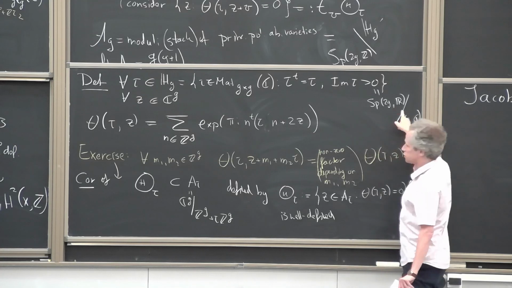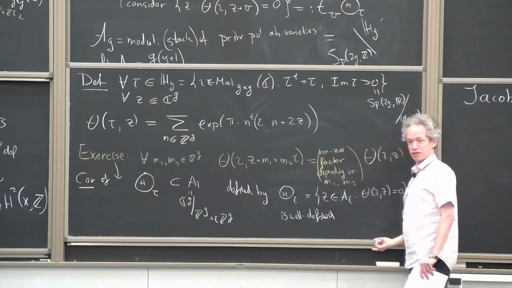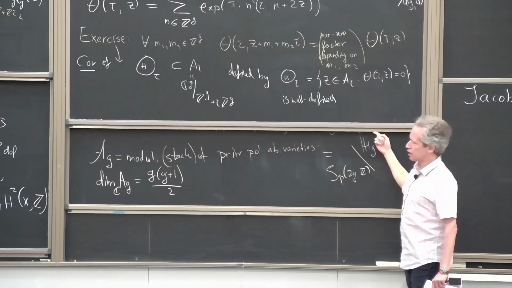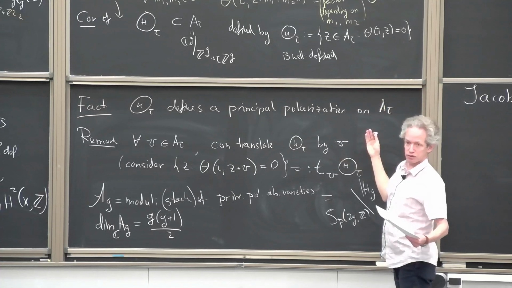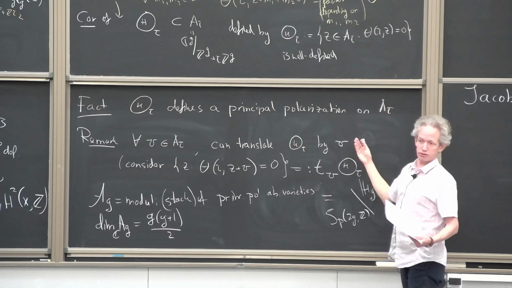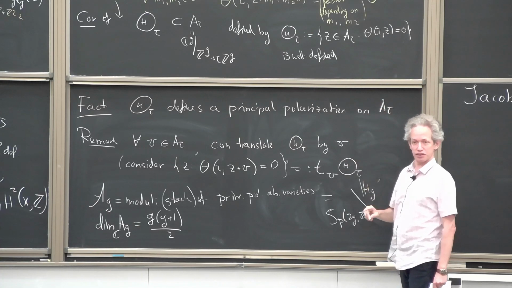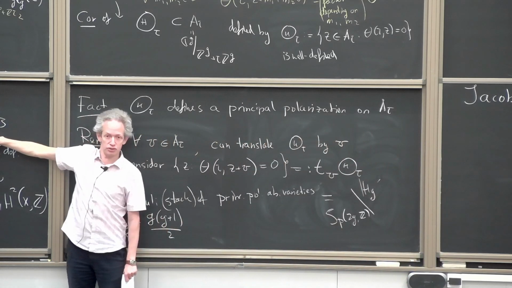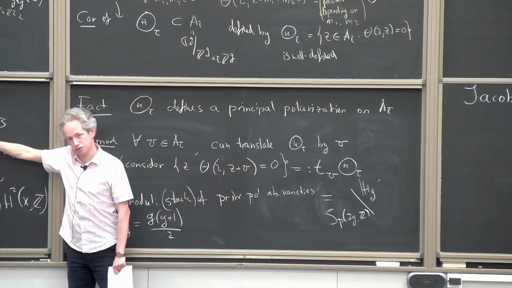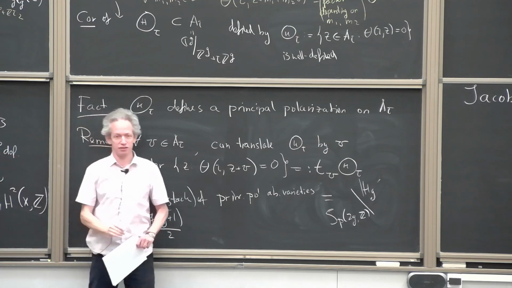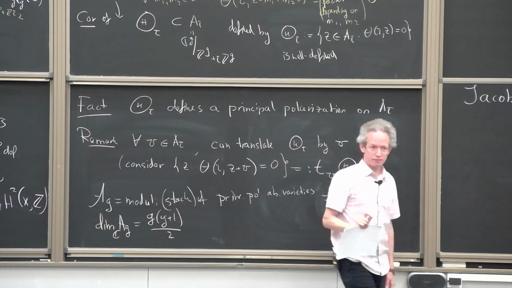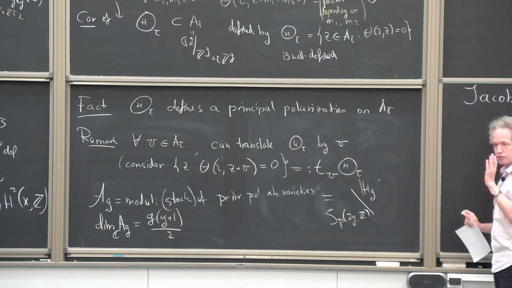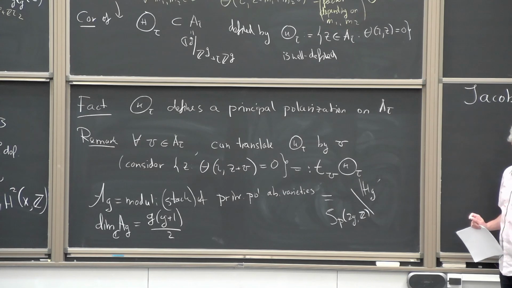And if I write this quotient on the right, I better write the other quotient on the left. I have to make, once and for all, consistent choices. But there is only one choice to make. So if I write it this way, then whether the lattice is tau times Z^g or Z^g times tau, I should also know which one is correct, except I'm not bothering with this. Okay? If you look at the papers in the literature, half of the papers make this mistake somewhere. So it's fine.